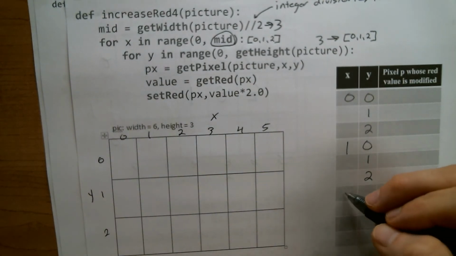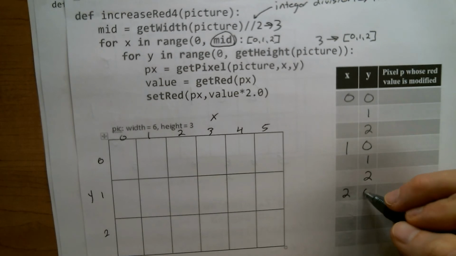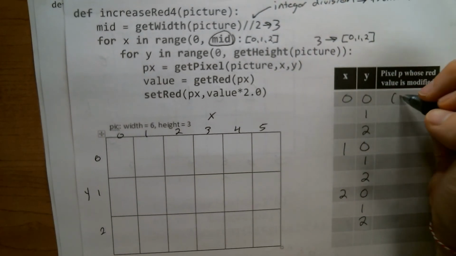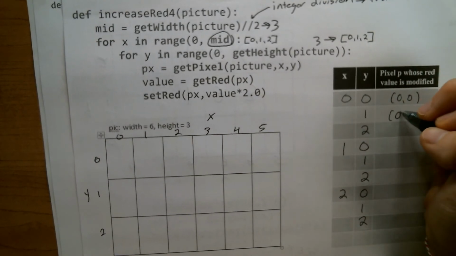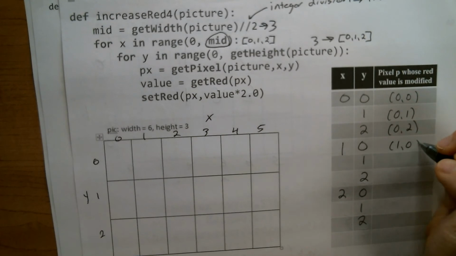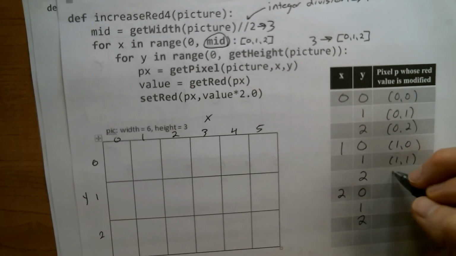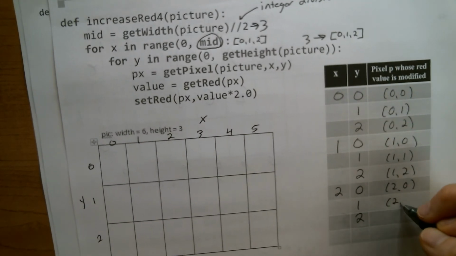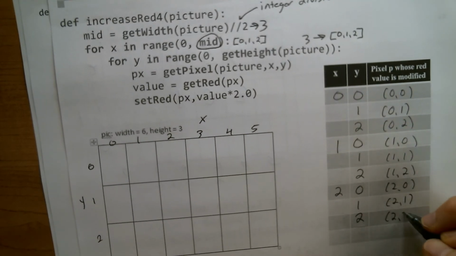And then that finishes, our outer loop goes up, our inner loop gets reset and goes 0, 1, 2. All right, so our coordinates would just be 0, 0, 0, 1, 0, 2, 1, 0, 1, 1, 1, 2, 2, 0, 2, 1, and 2, 2.